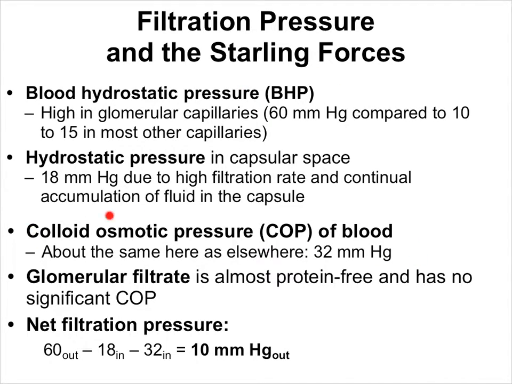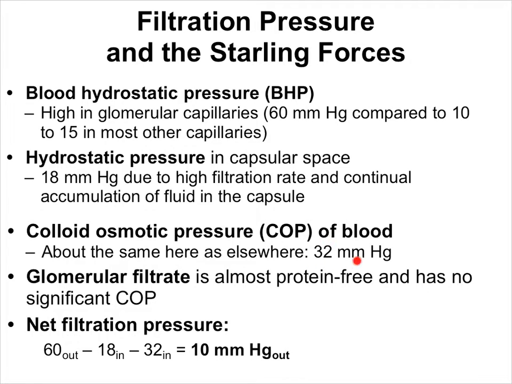The colloidal osmotic pressure of the blood should be the same in the glomerulus as everywhere else, about 32 millimeters of mercury. That's pretty normal, but it can change. If you're dehydrated, then your colloidal osmotic pressure is going to go up. If you have a lot of blood proteins or a lot of blood cells, maybe you've been EPO doping or something and you've just got a bunch of red blood cells, then the colloidal pressure of your blood could go up.